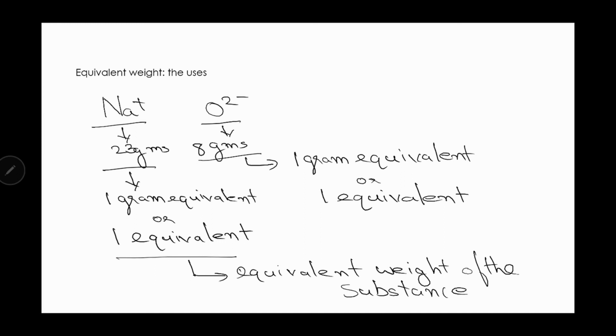So 1 equivalent of H plus weighs 1 gram or 1.008 grams exactly, and 1 equivalent of OH minus weighs 17 grams. So 1 equivalent of H plus will always require 1 equivalent of OH minus. Similarly, 1 equivalent of Na plus will be requiring 1 equivalent of O2 minus. So that is the use of this equivalent weights.